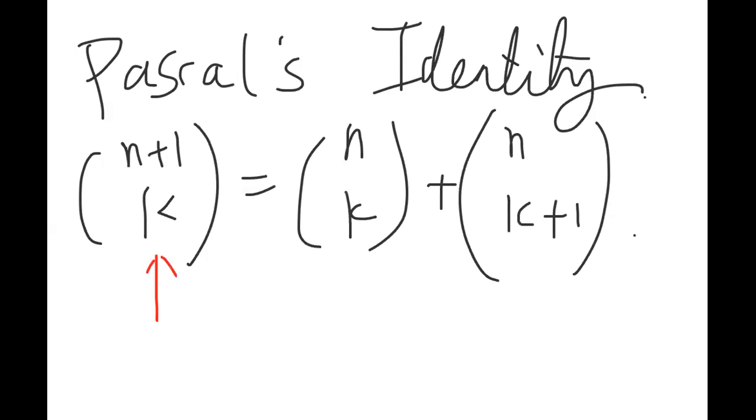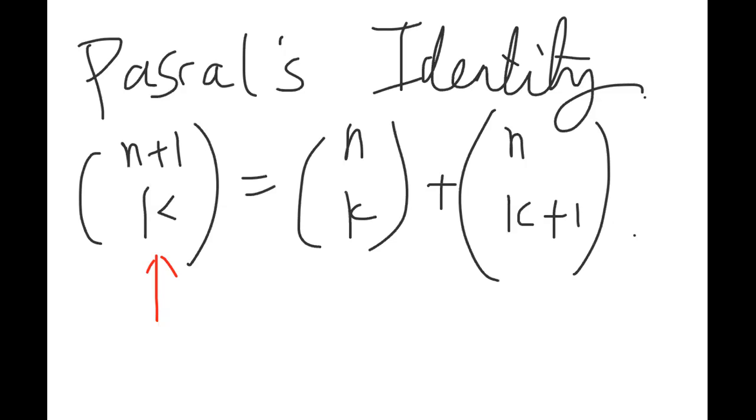You can view n plus 1 choose k as the total number of solutions of picking k items from n plus 1 items, right?